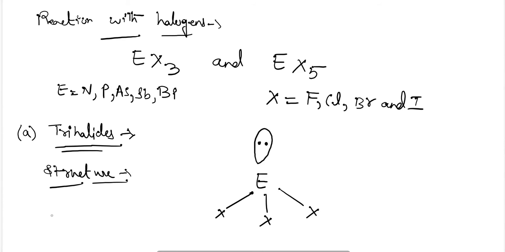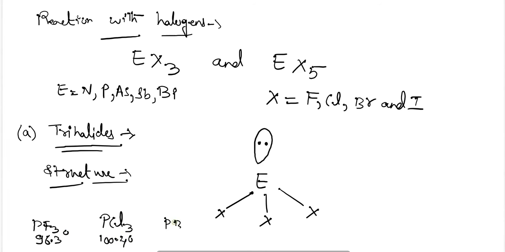What is the bond angle? The bond angle for PF3 is 96.3 degrees. Sorry, PF3 it is 96.3. PCl3 it is 100.4 degrees.